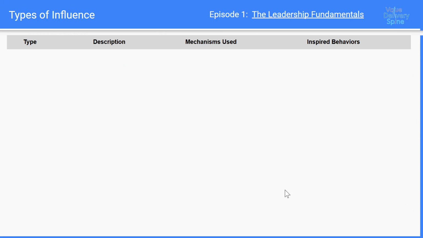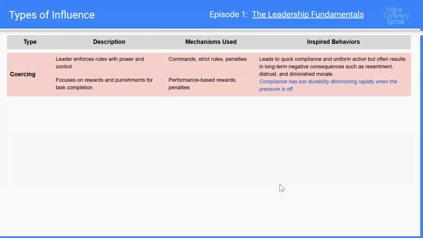So let's start with the foundation, influence, and talk about the 4 different ways we can influence people. The first one is coercive, and this isn't necessarily a negative thing. It's just saying that instead of inspiring or moving people along at their own pace, you're giving them commands and strict rules with penalties attached if they don't perform. And there are some environments and situations where this is completely appropriate.